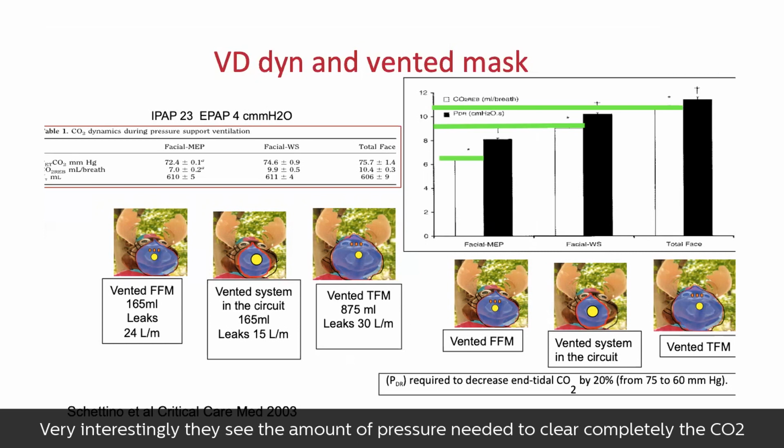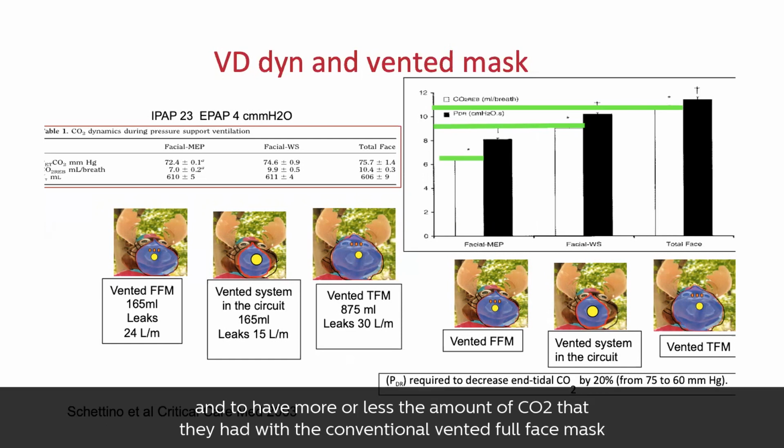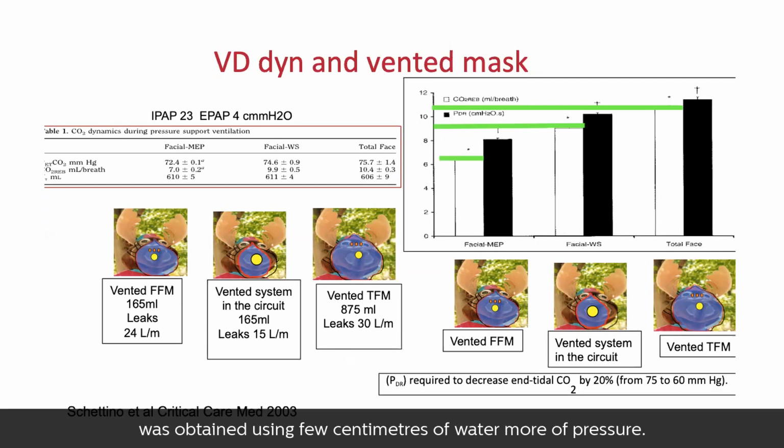Very interestingly, they see the amount of pressure needed to clear completely the CO2 and to have more or less the amount of CO2 that they had with a conventional vented full face mask was obtained using few centimeters of water more of pressure.